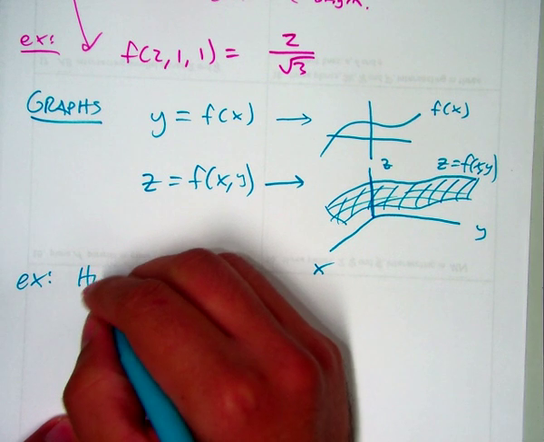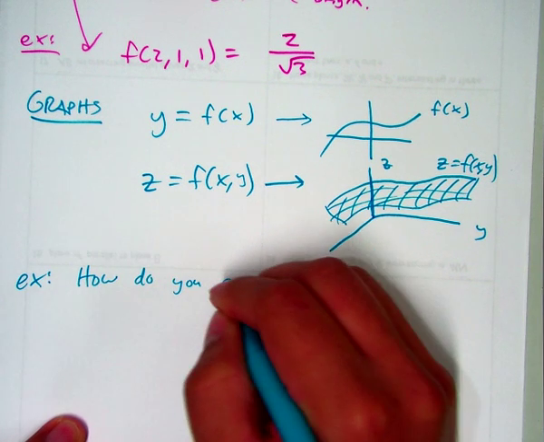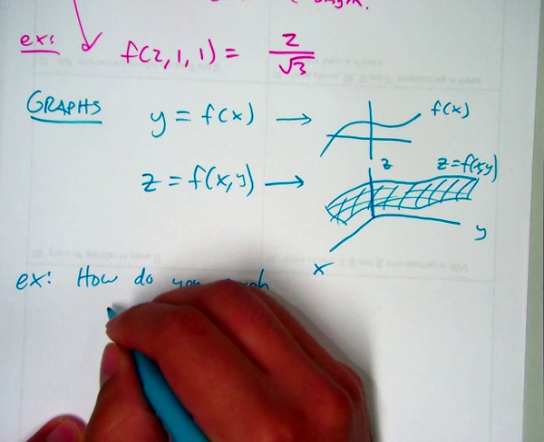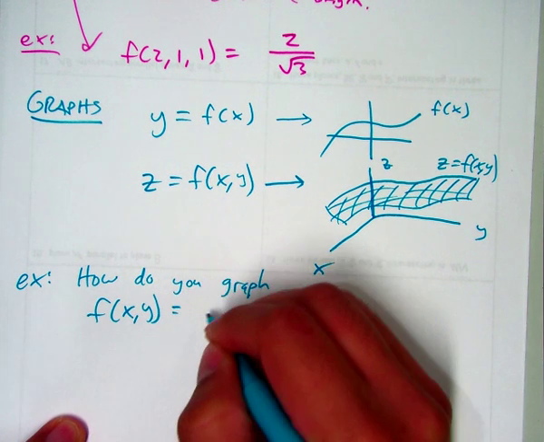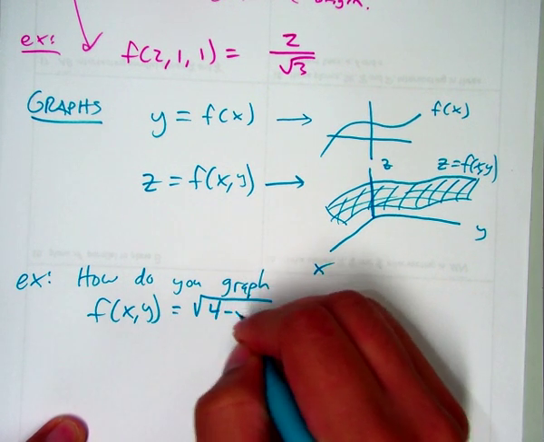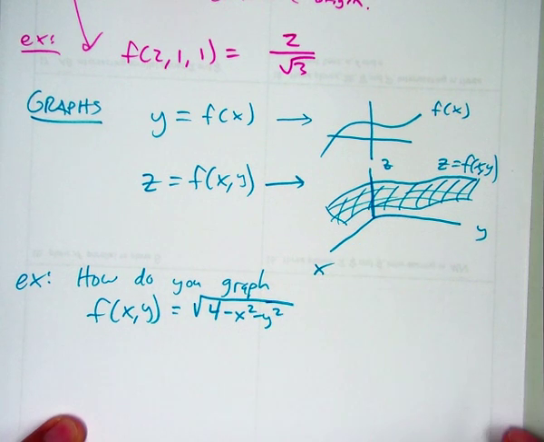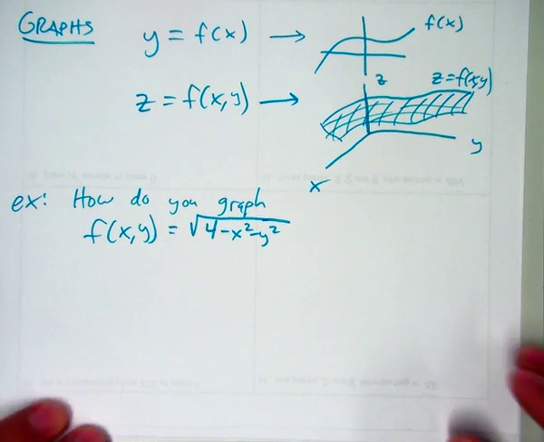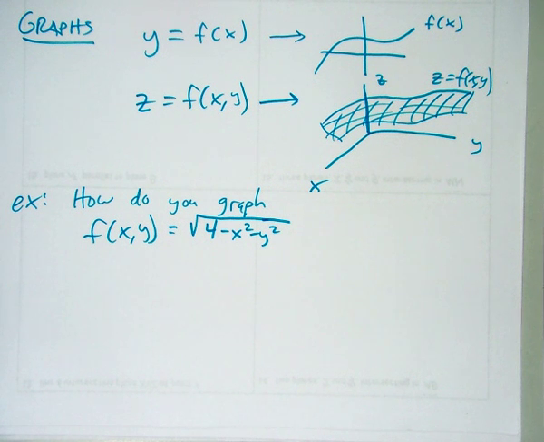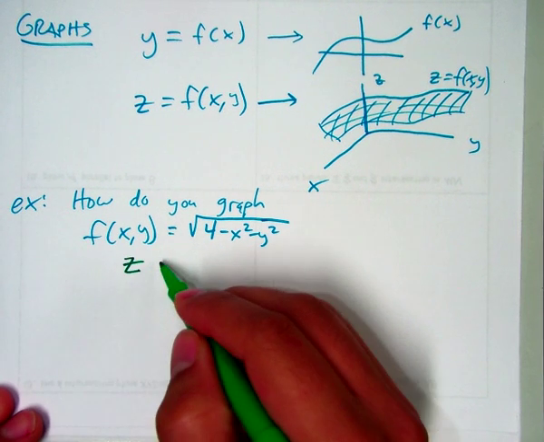How do you graph f of x, y equals square root of 4 minus x squared minus y squared? Want to tell me how to draw it? Let's think of it first like this.